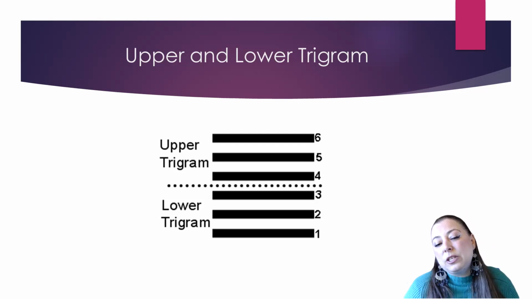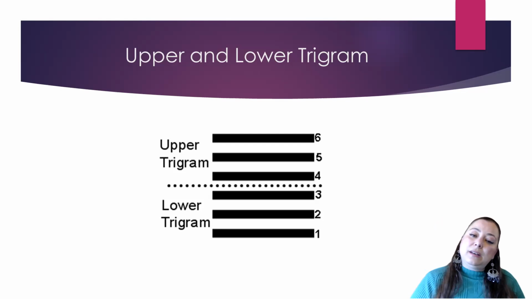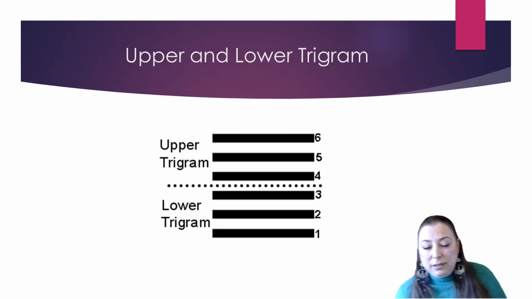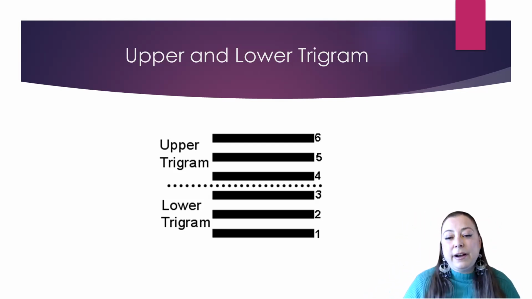And the lower trigram is called personal profiles. They are focused, they have personal destiny, so they're focused on themselves and how the world at large is affecting them.